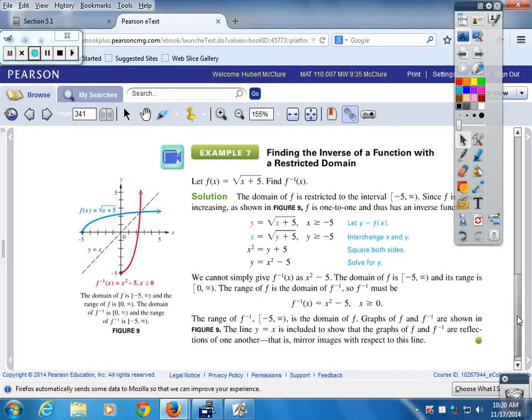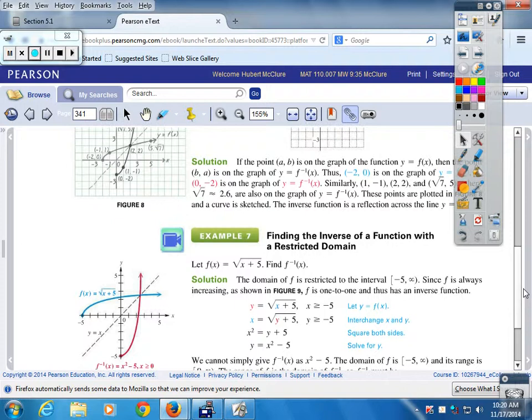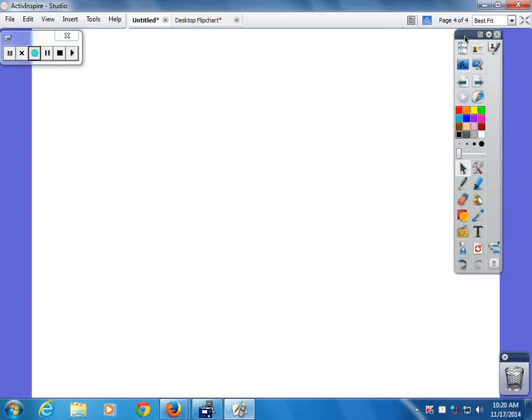All right, let's check this one. f of x is equal to the square root of x plus 5.